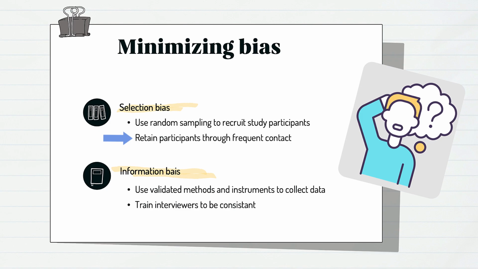So getting in touch every year instead of every 3 years. With regard to minimizing information bias, investigators can use validated methods and instruments to collect data. They can double-check data that they've collected using secondary sources, and they can train interviewers to be consistent, whether the interviewer is interviewing a case or control or an exposed or unexposed person.